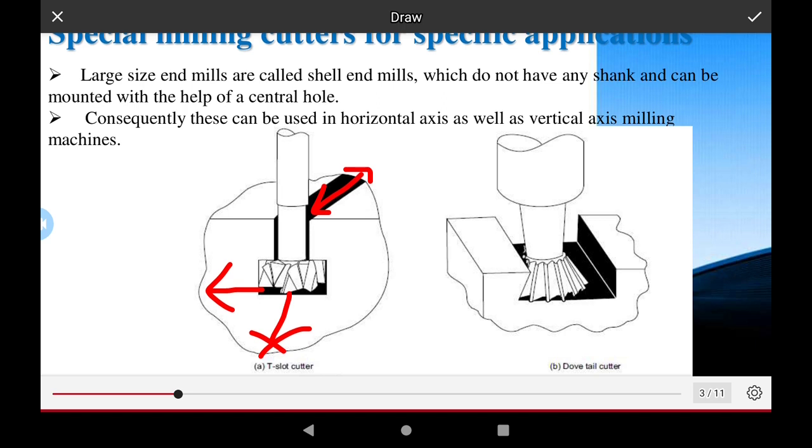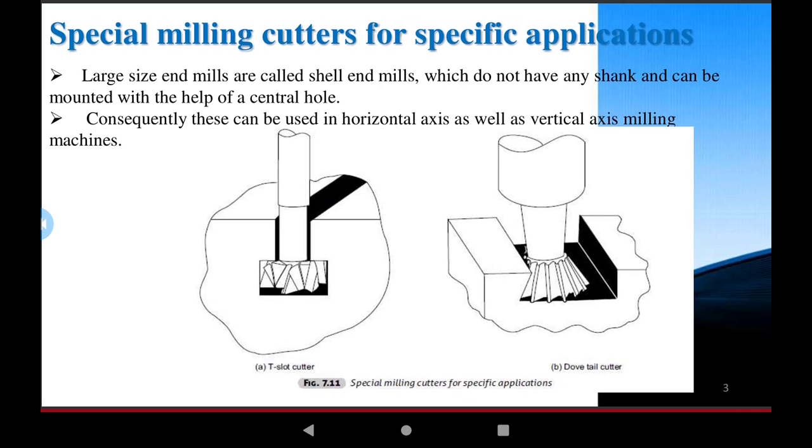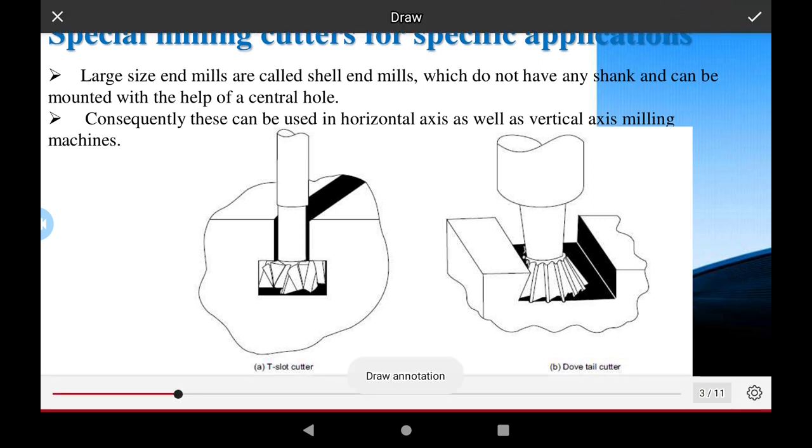This is a vertical milling machine, and these are other special cutters used on these machines. This is the shank of the tool, which also increases the length of the tool, and this is the workpiece.